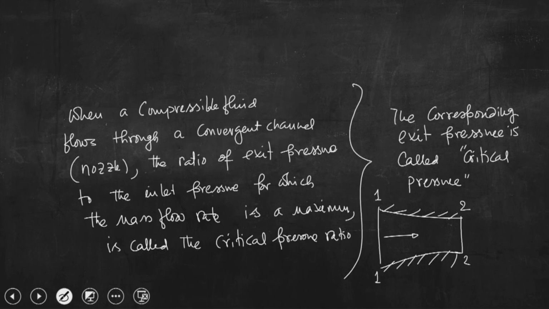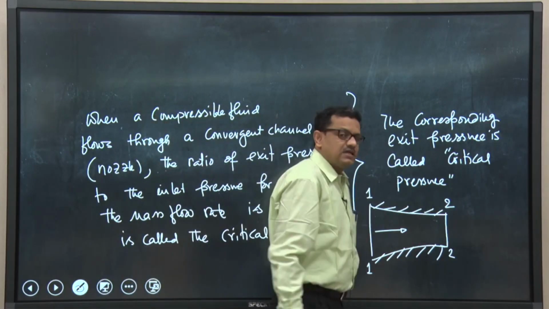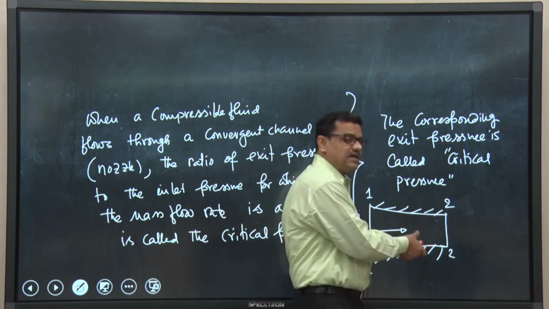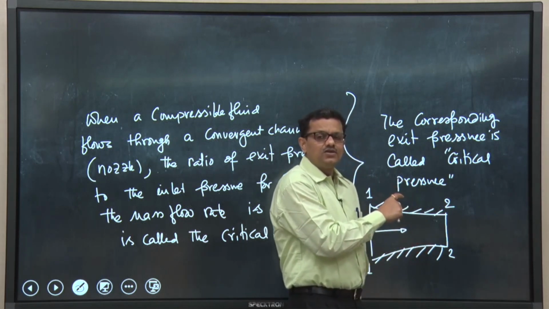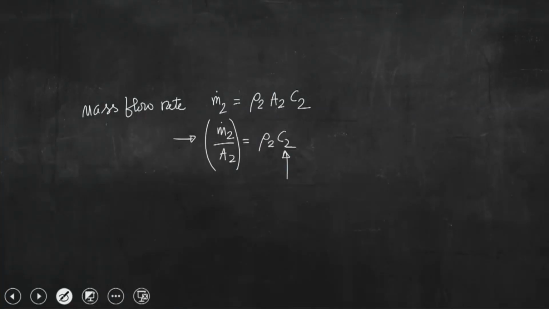So, when you are talking about the critical pressure ratio for which mass flow rate is maximum, that means the velocity of steam at the exit of the nozzle is becoming maximum. It indicates that the cross sectional area should be minimum. If we look at this, m dot 1 equals m dot 2 equals m dot, so this is fixed.